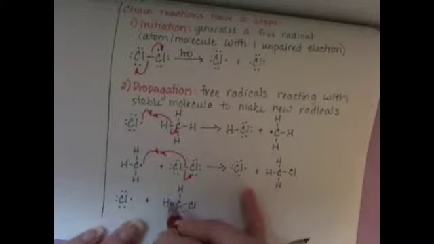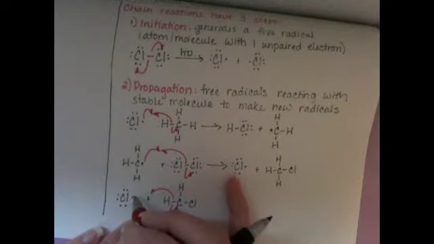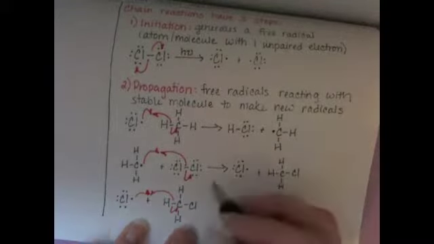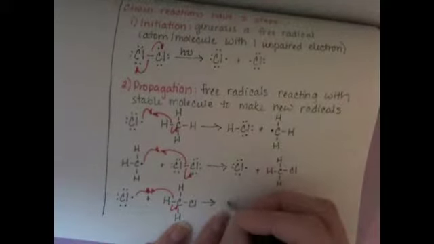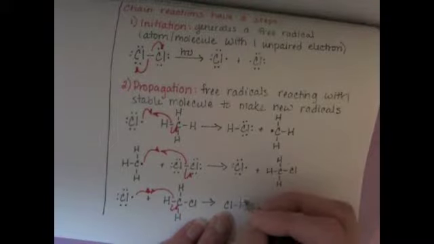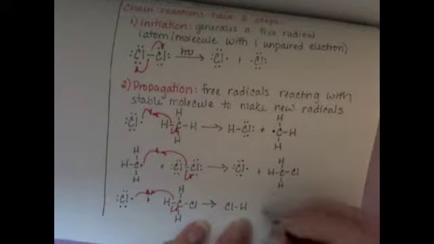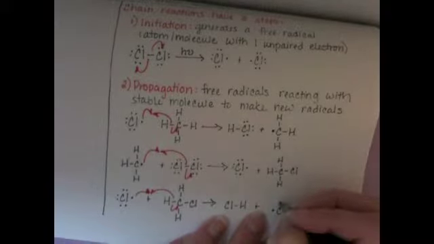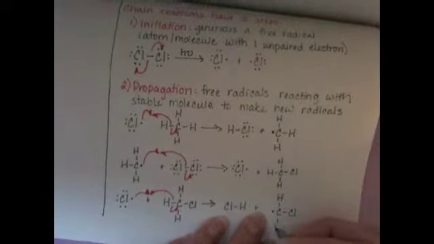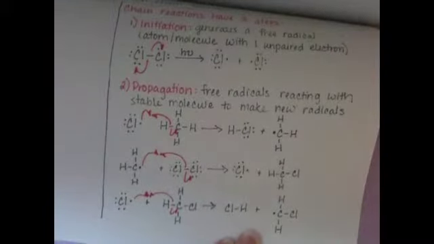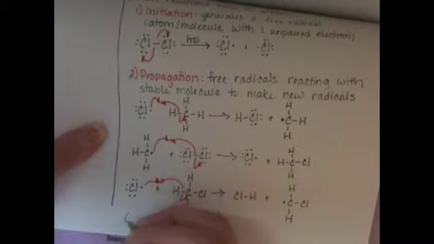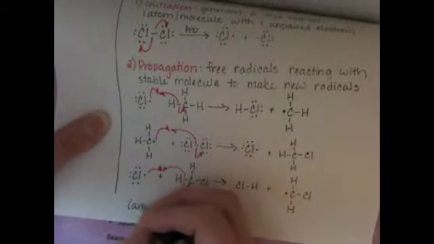We'll put one electron on the carbon, another electron comes out to interact with the electron from the chlorine radical. Gives us an HCl molecule, and it gives us another carbon-based radical.